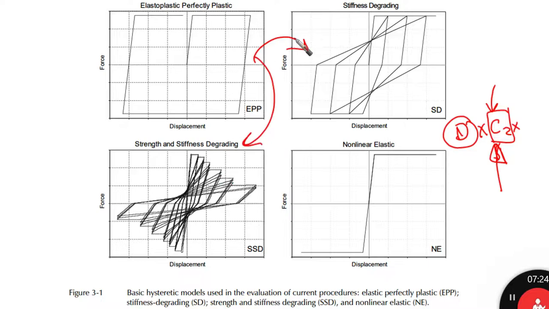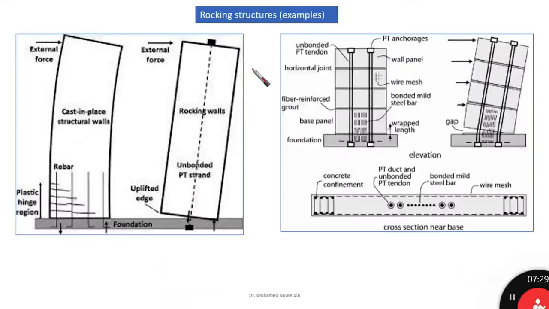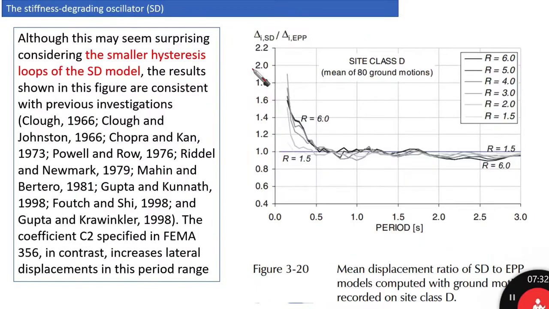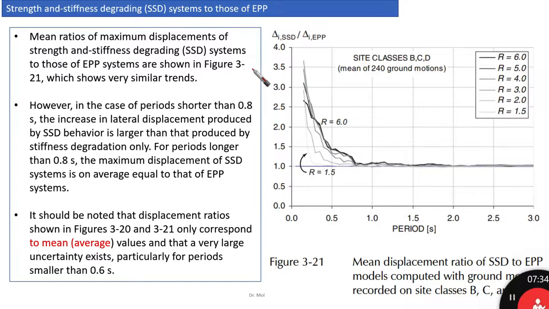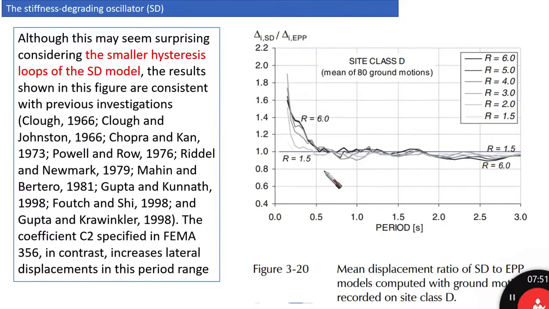We realized, as we concluded in this video and the previous video, that for systems with a period higher than 0.8 seconds, the maximum response is going to be the same, whether from SSD, EPP or SD. They are going to be the same; in the previous one it was also the same at 0.6. We can assume it's almost 1. But less than that, you need to be careful.